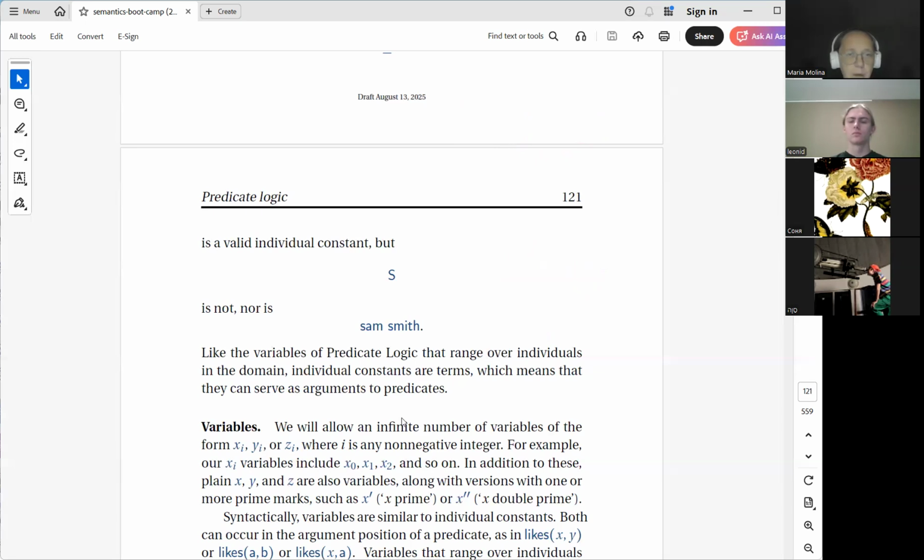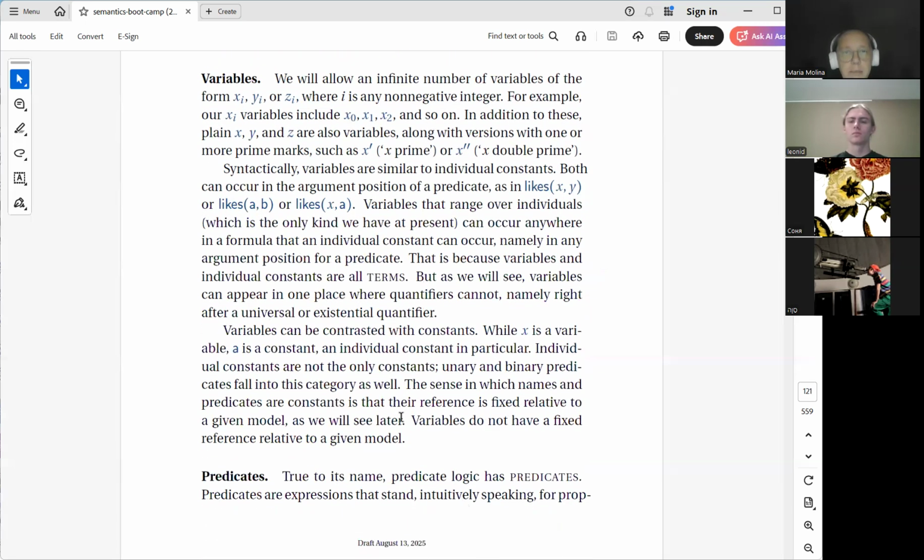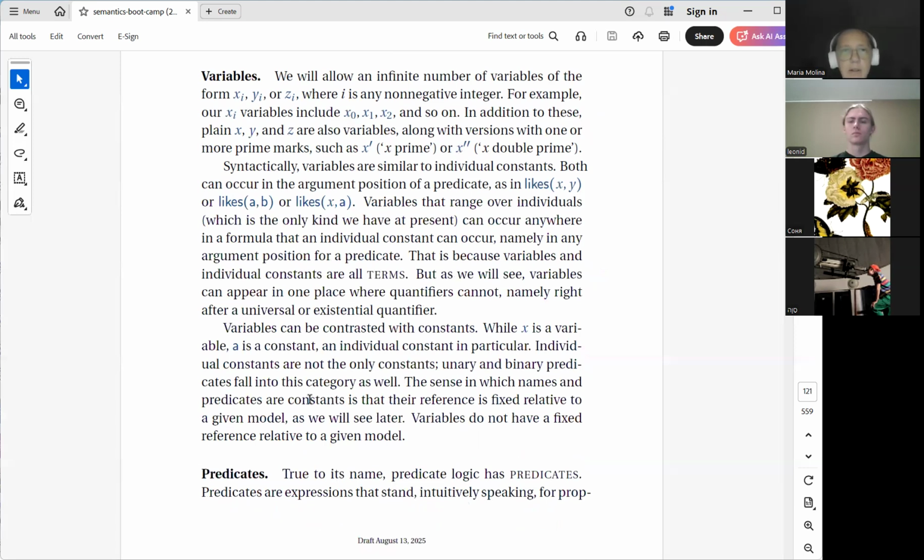Right. Now, variables. As we've already said, normally variables are X, Y, or Z. Well, sometimes, very frequently, semanticists use, what's it in English? I forgot.